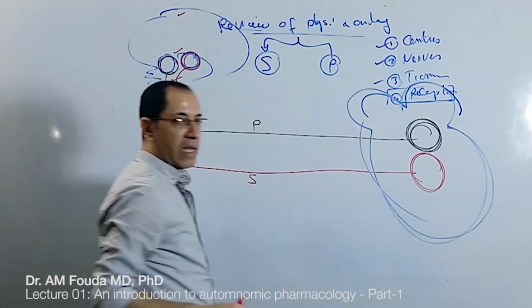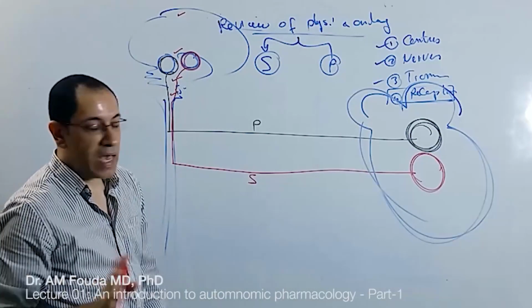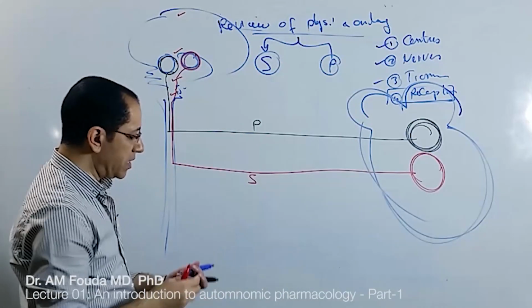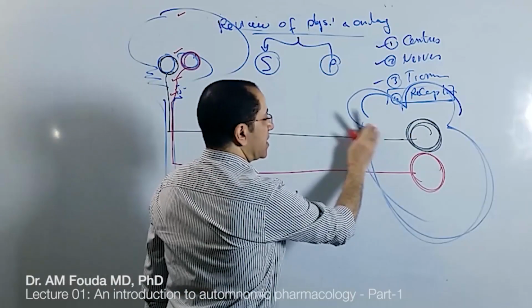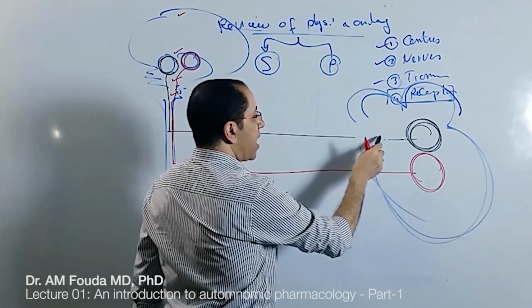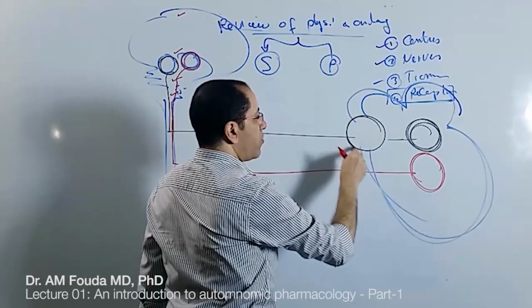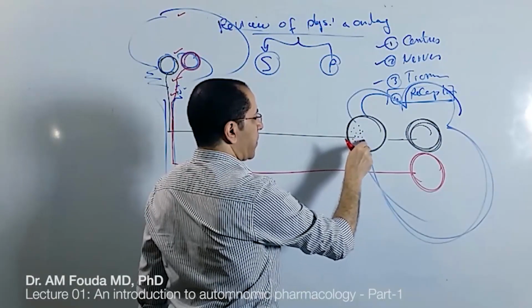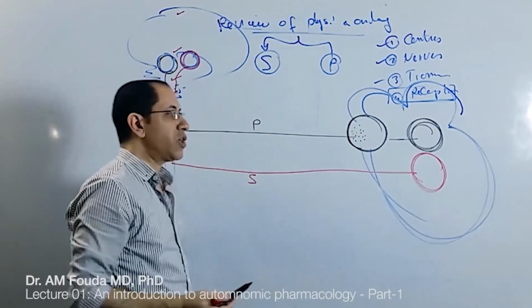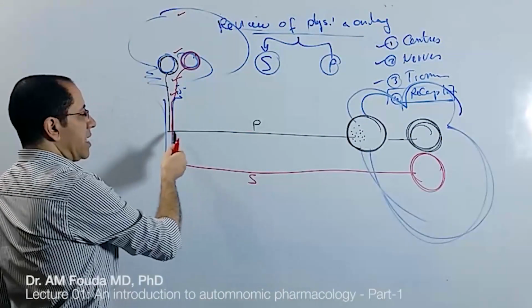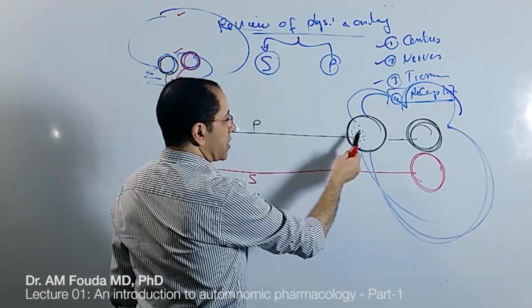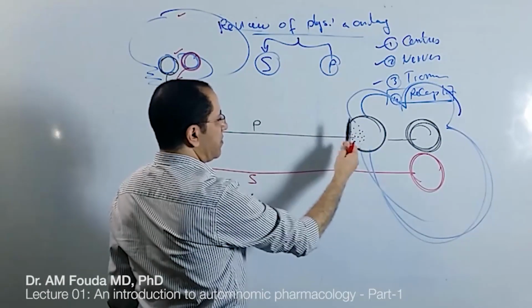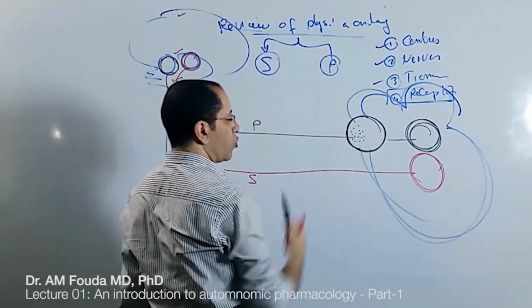Any autonomic nerve must relay on ganglia, and in the case of the parasympathetic system, ganglia are situated near the organs, but in the case of the sympathetic system, ganglia are found very far from organs and close to the spinal cord. That's why they are called paravertebral ganglia. And this difference is a rich source for questions.